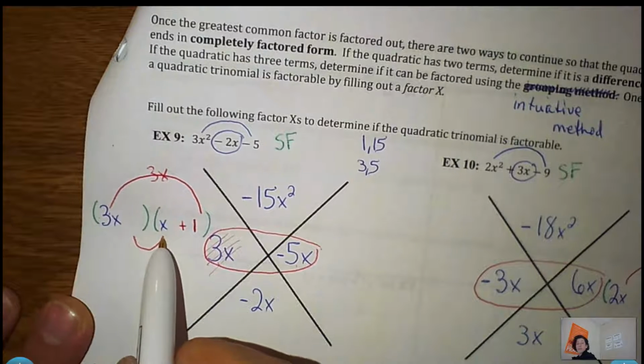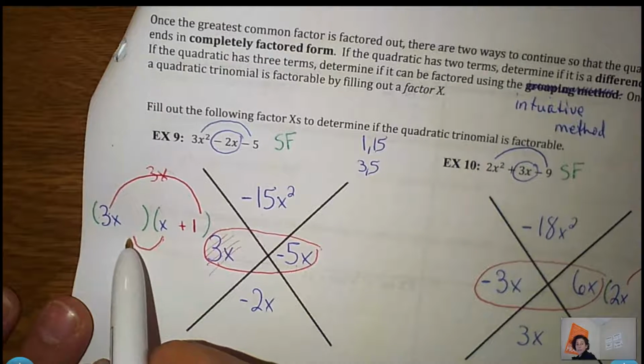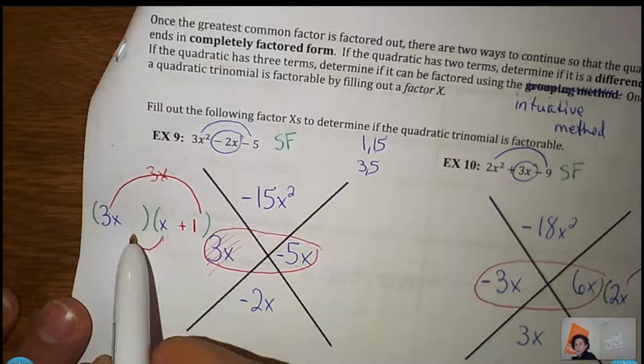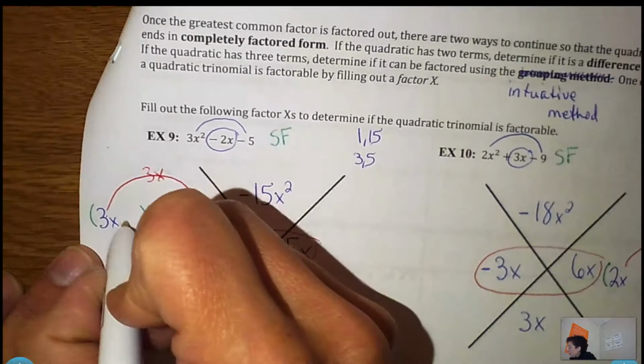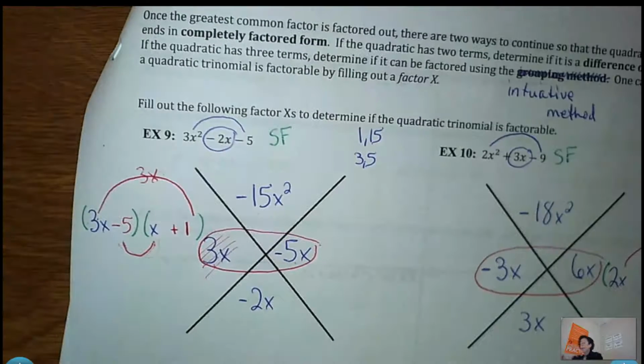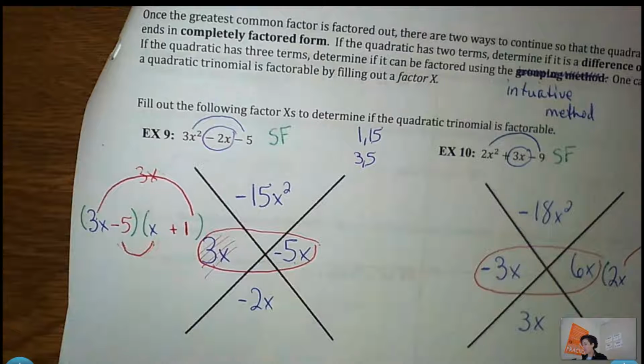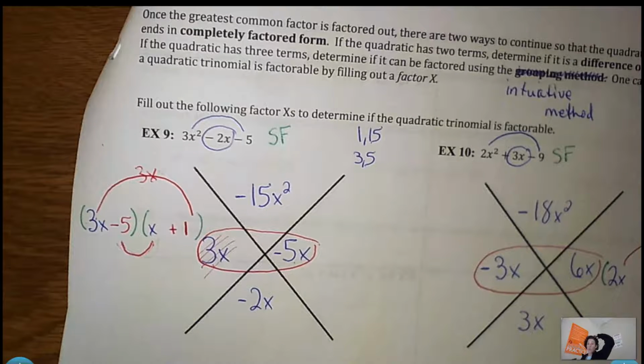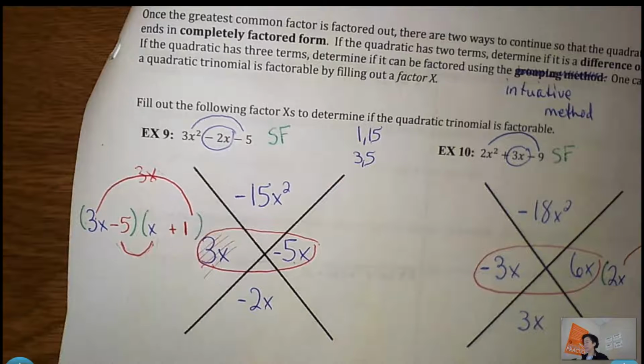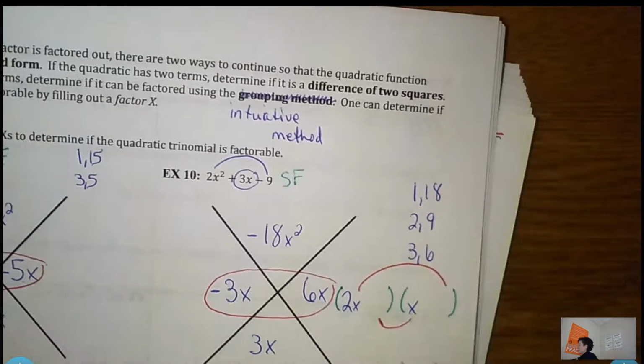Is it possible for x to meet somebody, to multiply, to distribute, to get this term? That would be a negative 5. And we are done. We have it in factored form. When we're done, we'll take one of these and go back and show how the neighbors meet the neighbors to get this.